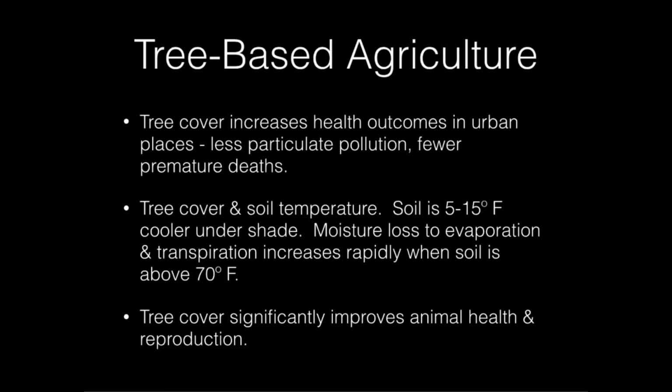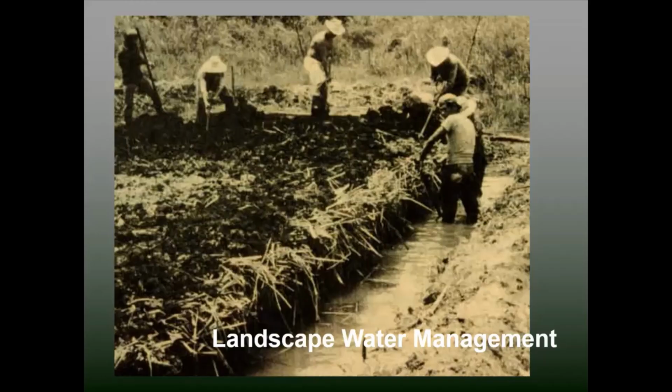Things are just naturally cooler in the shade, but it also helps with transpiration, and that increases really rapidly when soil is above 70 degrees. And so you really want to discourage that from happening. And then tree cover improves animal health and reproduction. Animals do better in those kinds of climates. Next slide.